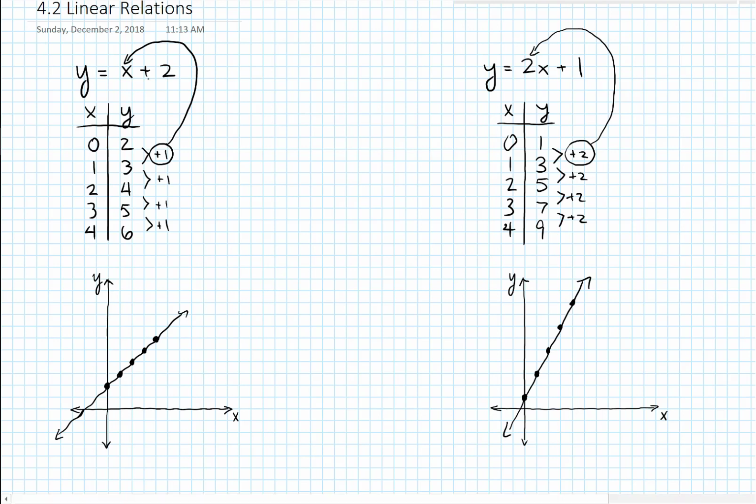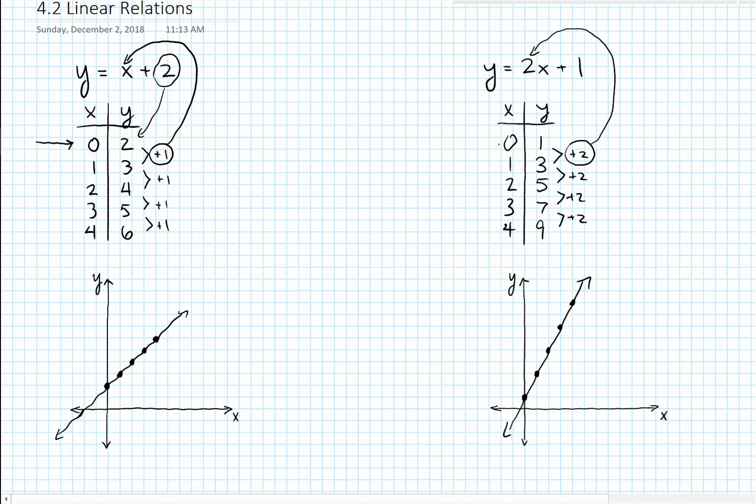What about the other number? So we have y equals x plus 2. Where does that 2 show up on the table? And y equals 2x plus 1. Where does that 1 show up on the table? Well, if you think about setting x equal to 0, all that's left is the plus 2. So this first point here, or at least the point where x is equal to 0, is referred to as the y-intercept. And the y value of that point corresponds to this value right there, so you can see it.